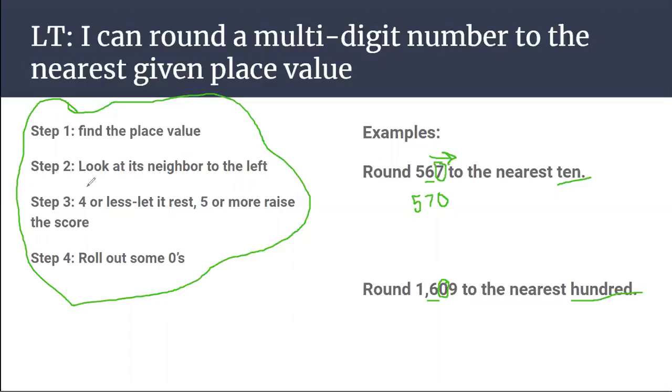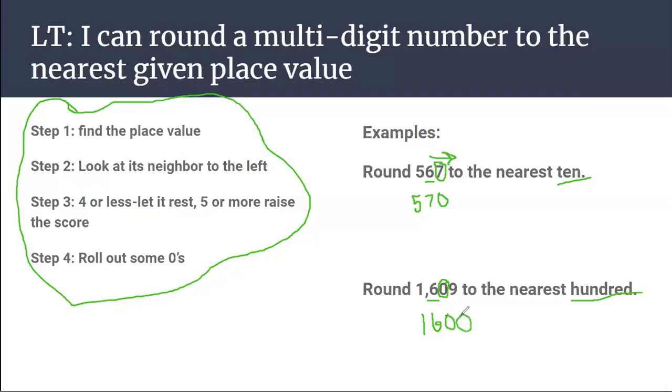So I'm going to let it rest, meaning I'm going to let this 6 stay the same. It gets to rest. It doesn't have to change. I am going to drop the 1 because I need to. You're always going to drop the 1 or the number before. Okay, so I did step 3. Now I'm on step 4. I need to roll out some zeros. So every digit after the 6 becomes a 0.